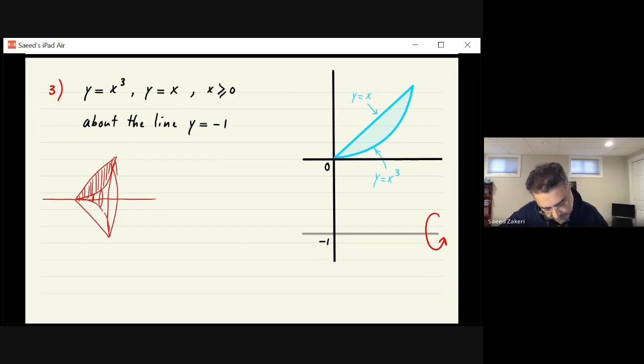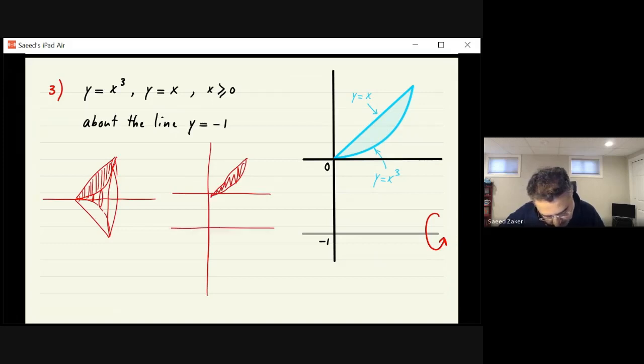Something like this. But this time, when you take the same region and rotate it around this axis, which is further down, what you get is something like this. So it's a much wider solid, and it has a cavity inside.